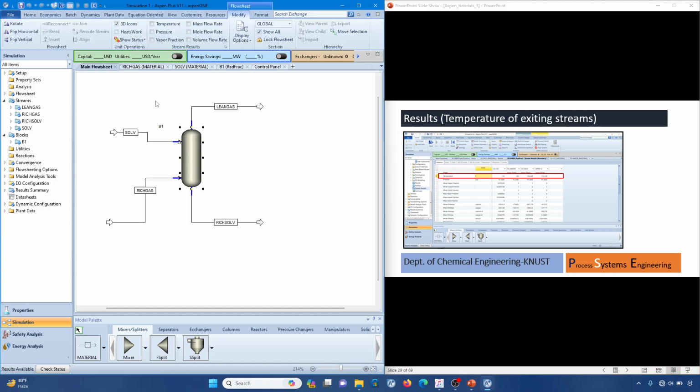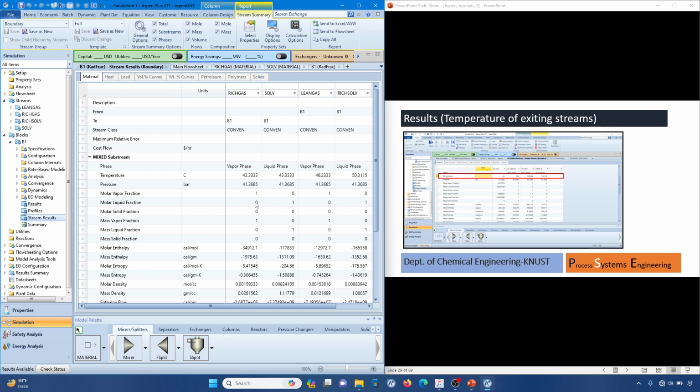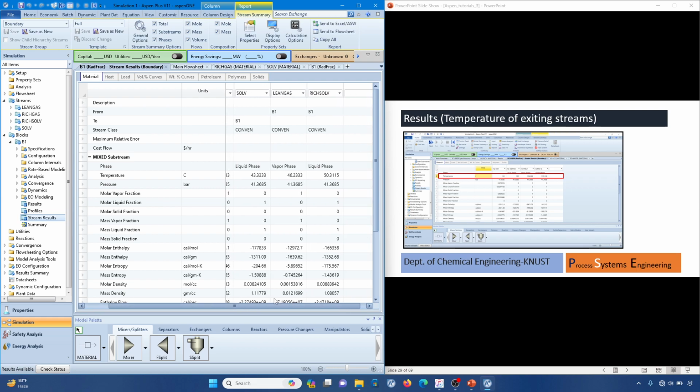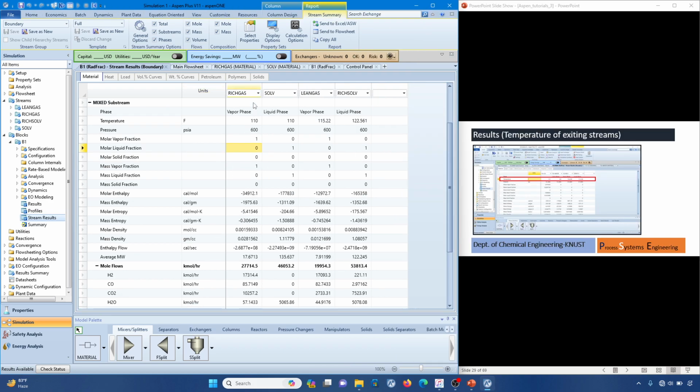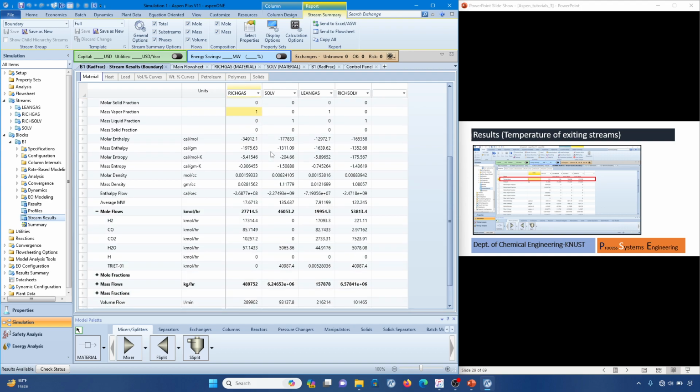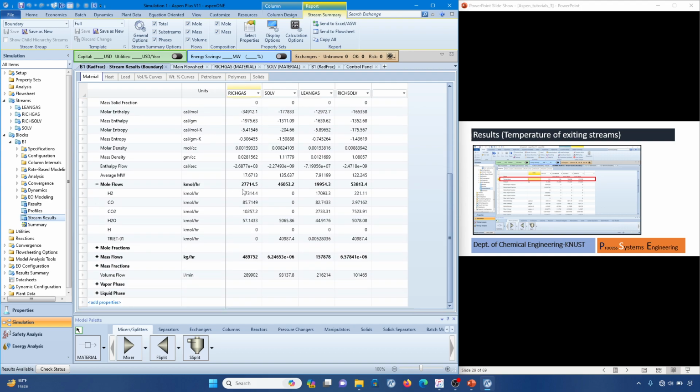We have some results. Let's go and see what's happening in there. So we can look at the phases and the conditions. And the interesting part is to check the flow.